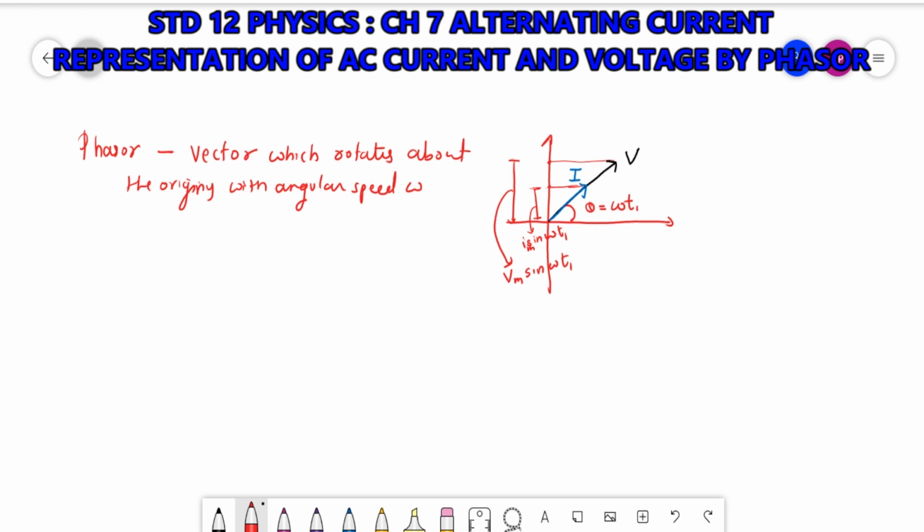So the vertical component gives the sinusoidal varying quantity of V and I.